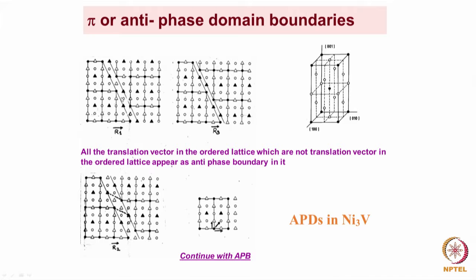Depending upon the way they shift between them, I mentioned earlier how to define the antiphase boundary vector. Depending upon that, we can see that at this boundary here, this is one type of structure. This is the same Burgers vector in a different direction. It creates another type of structure. And this again creates a third type of structure.